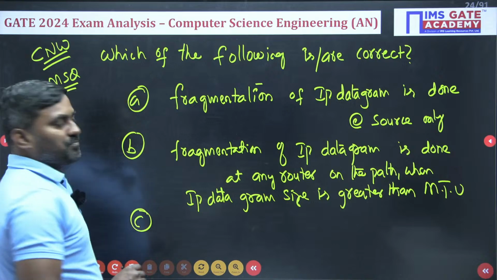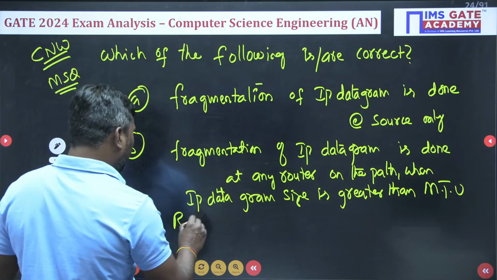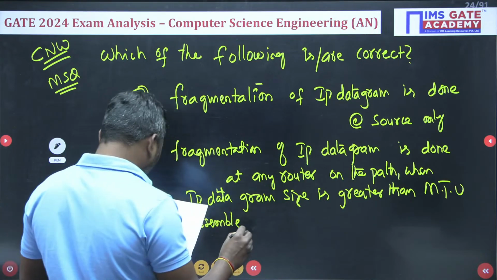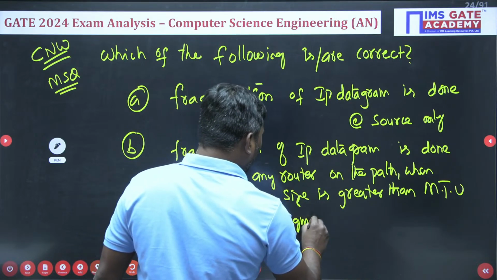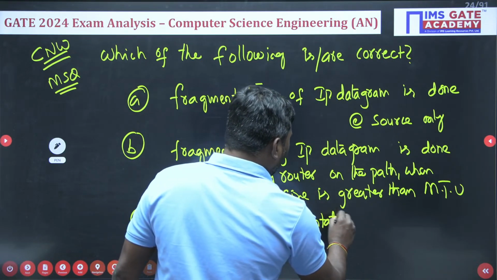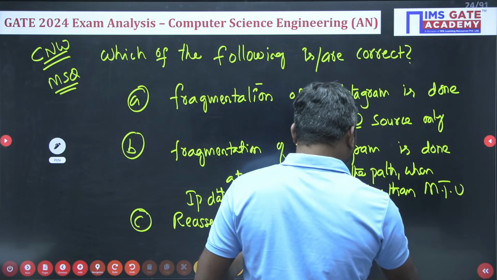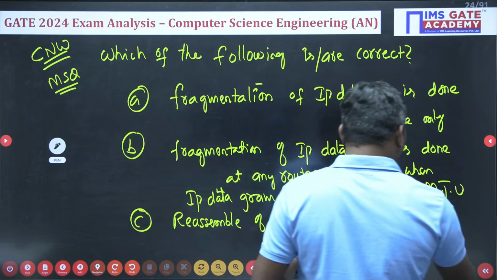Option C given: reassembly of fragmentations can be done by a router.